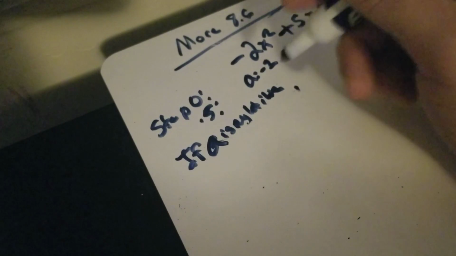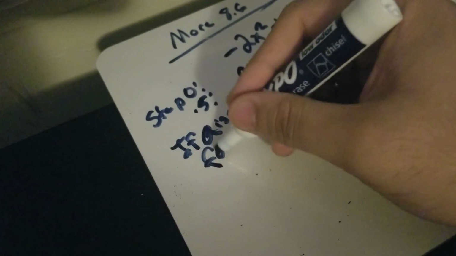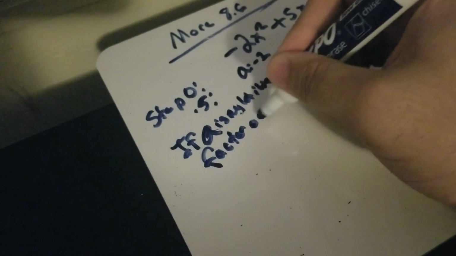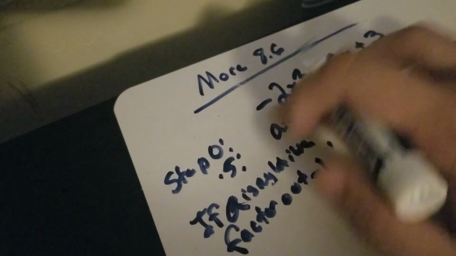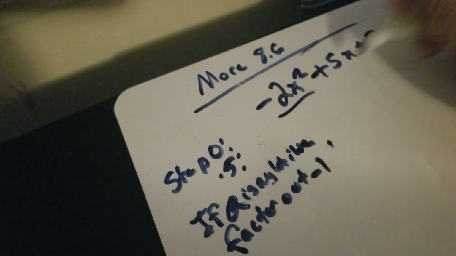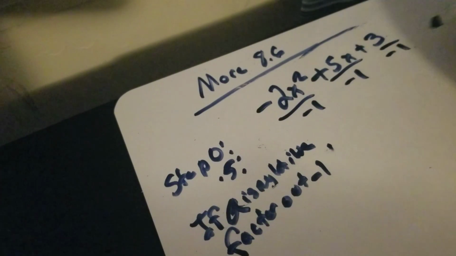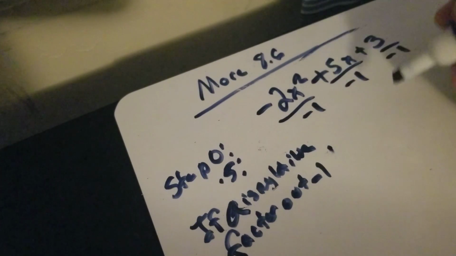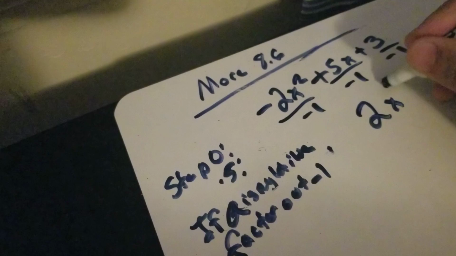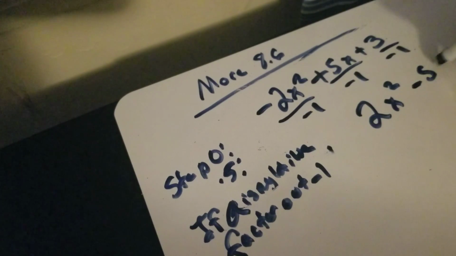So if a is negative, let's say factor out negative 1. So what does that mean when I factor out negative 1? Now remember, factoring out means I'm going to take everything and divide a negative 1 out of everything. So if I divide a negative 1 here, it becomes positive 2x squared. If I divide a negative 1 here, it becomes minus 5x.